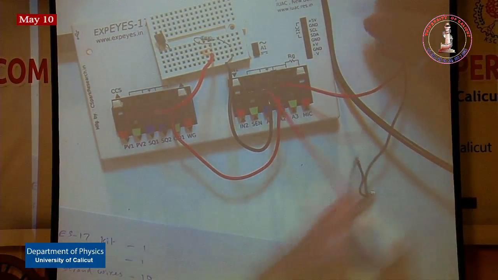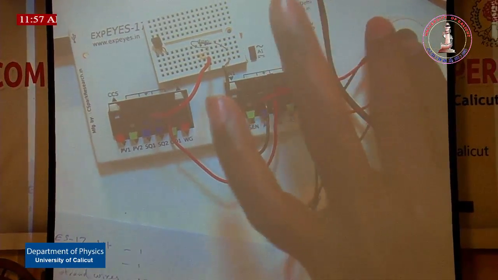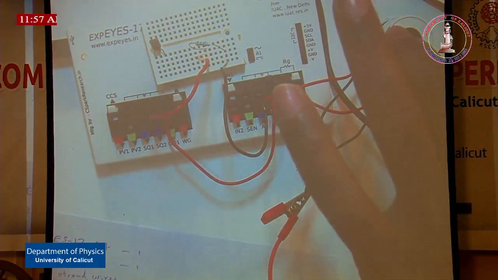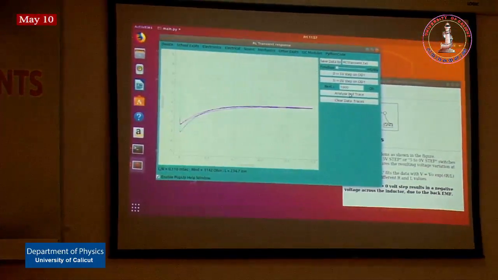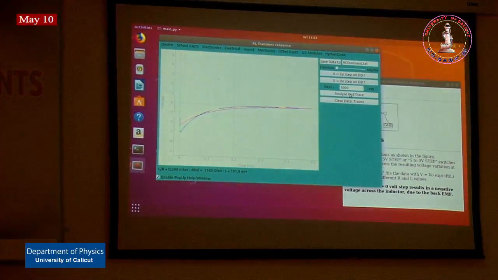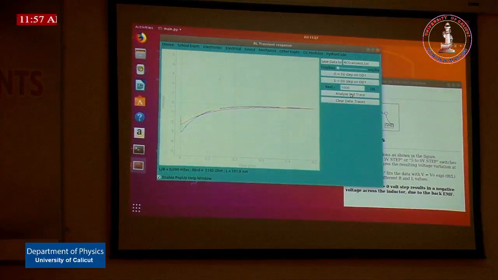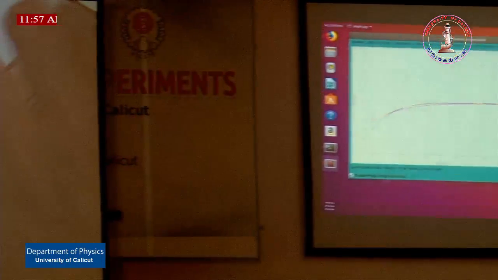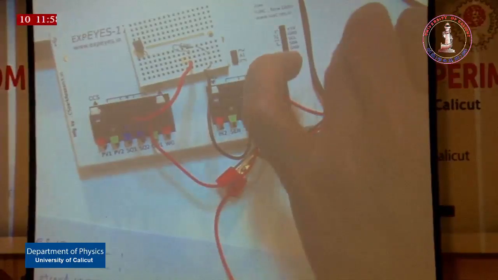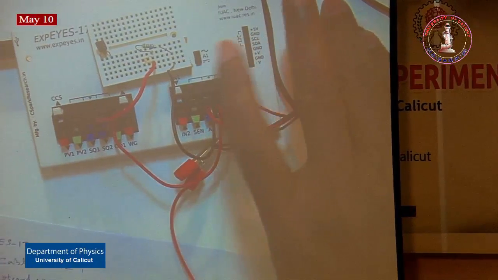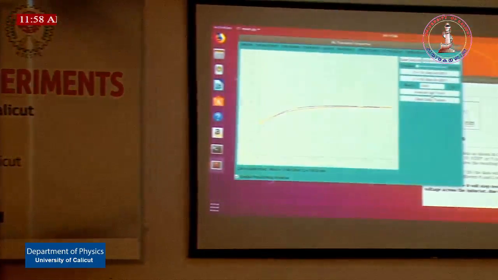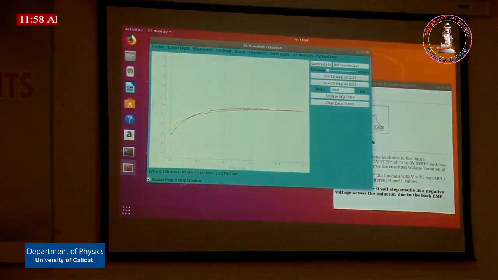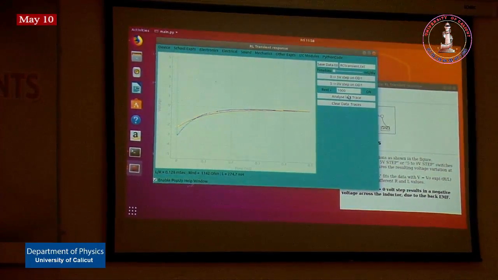Now we are going to place it like this. 191.8, write that also. Now change the orientation, take one more, analyze that: 274.7.